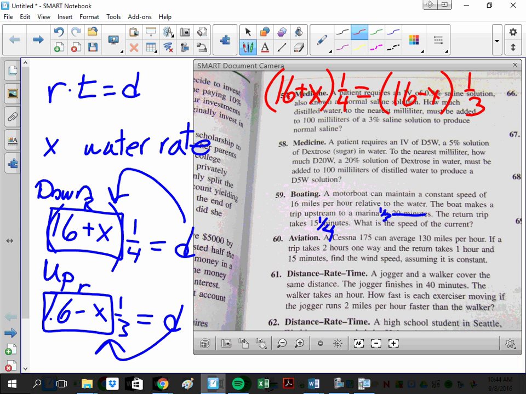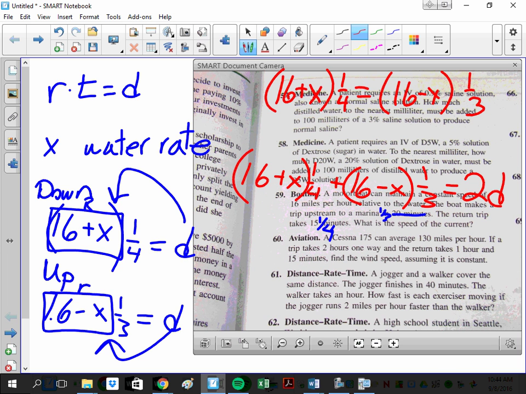You could say the trip up the river was 16 plus x times 1/4 plus 16 minus x times 1/3 equals 2d. But then you have to figure out, anyway, I wouldn't do it that way. I would do it the way we did it.